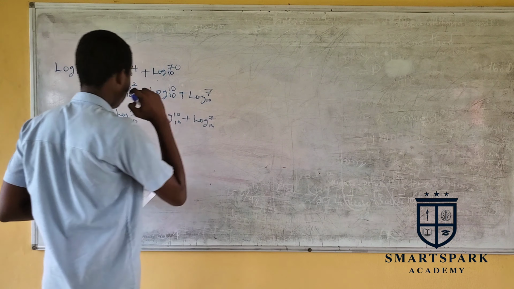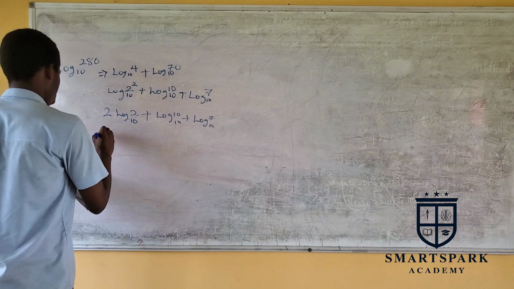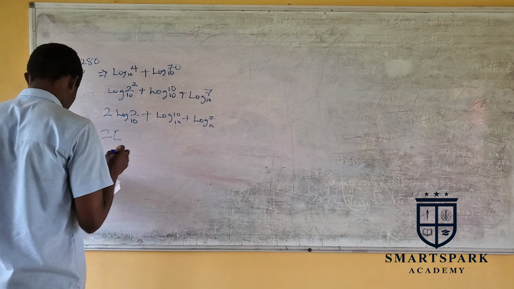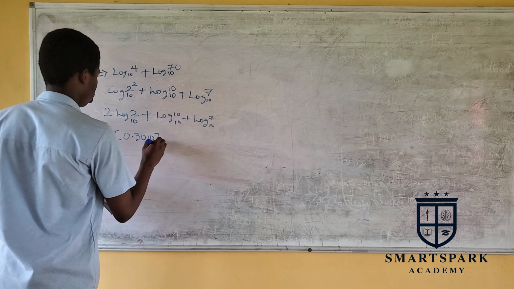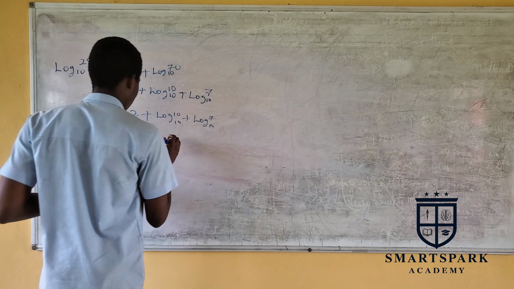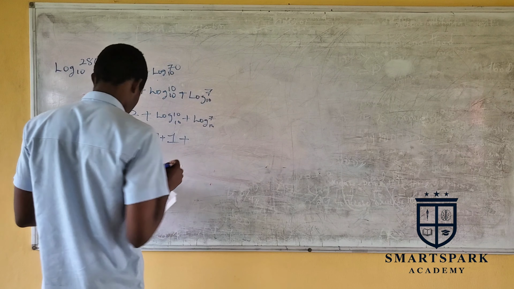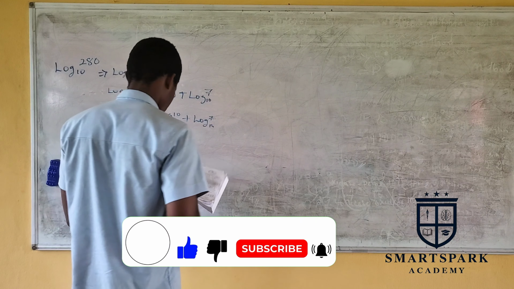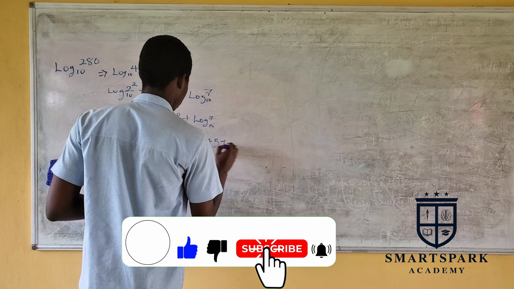Now we have been given values, so we are just going to input the values. 2 brackets, 0.3010, plus, we know that log 10 in base 10 is 1. For numbers that equal their base, it will usually turn out to 1, plus log 7 in base 10, which is 0.8451.